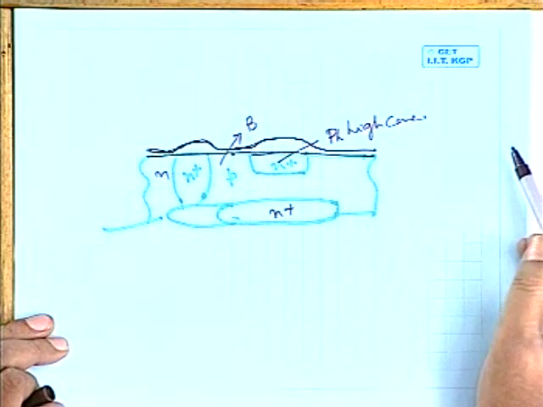So there is a chance of discontinuity of the metal lines, because with a much more irregular surface, the probability of discontinuity of the metal lines will be higher.